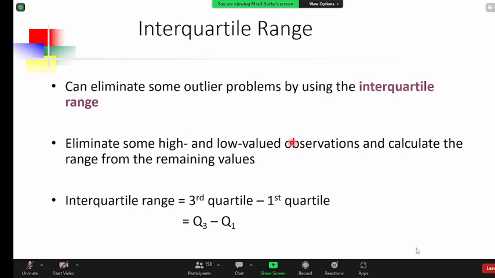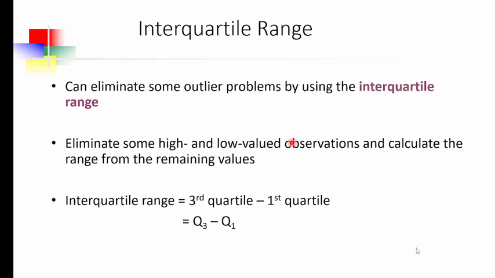Similarly, if outliers are there and we are summarizing the data by the median, then we cannot use the range, and we also cannot use the standard deviation to identify the deviations from the mean. So in that case, we use the interquartile range. The interquartile range is given by the third quartile minus the first quartile, that is Q3 minus Q1.